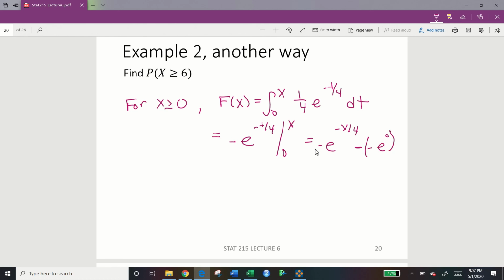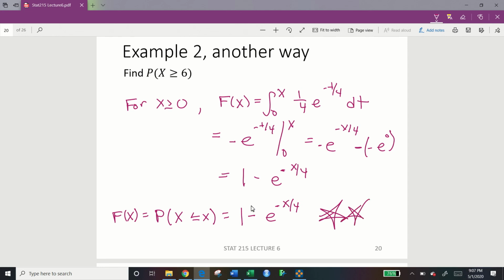Remember, anything to the 0 is 1, so this is going to be equivalent to 1 minus e to the negative x over 4. Okay, so pulling back, we recall that F of x equals the probability of X less than or equal to x, which we have now calculated to be 1 minus e to the negative x over 4.